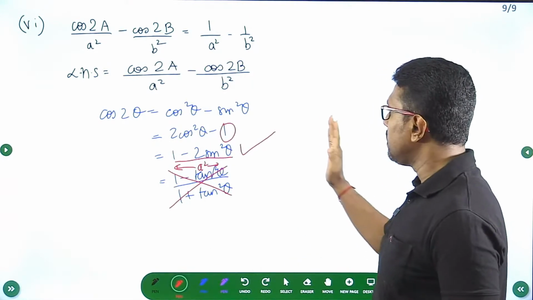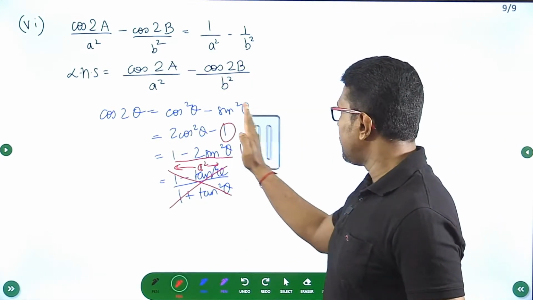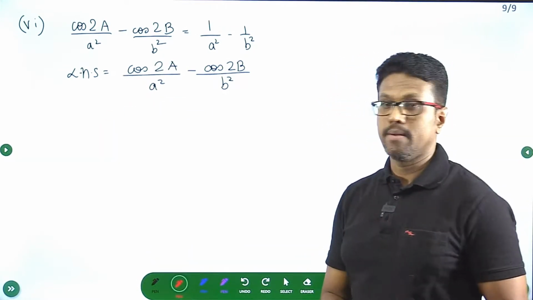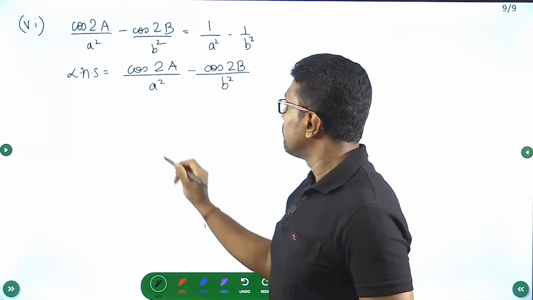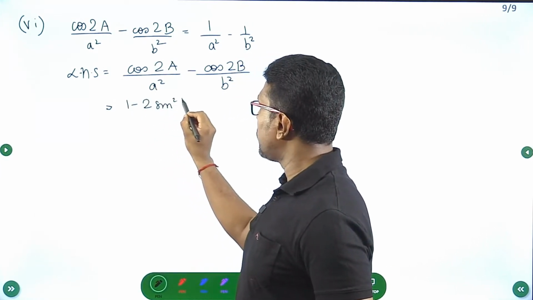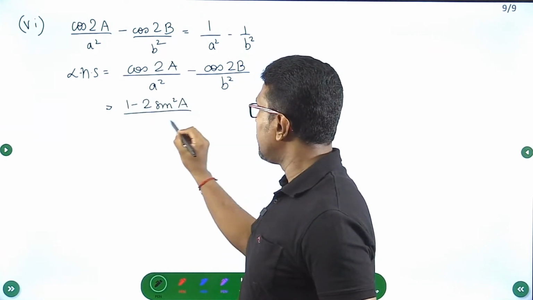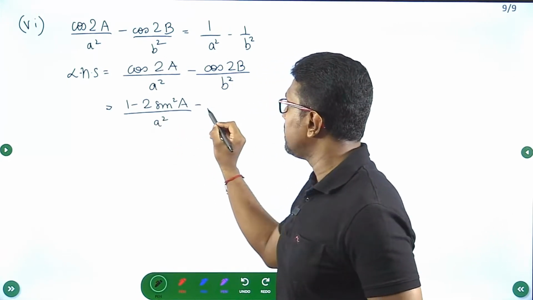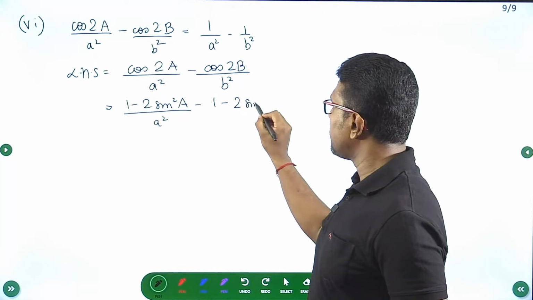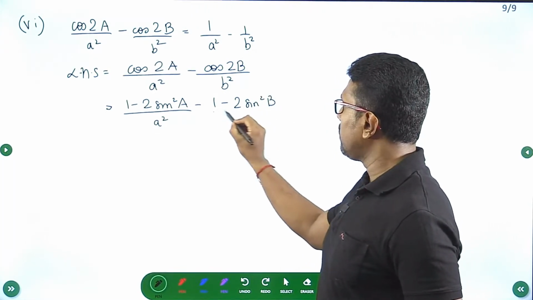So definitely the correct formula that we have to use is the formula 1 minus 2 sin square theta. So cos 2a में we will use this formula 1 minus 2 sin square a upon a square minus, this will be 1 minus 2 sin square b upon b square.